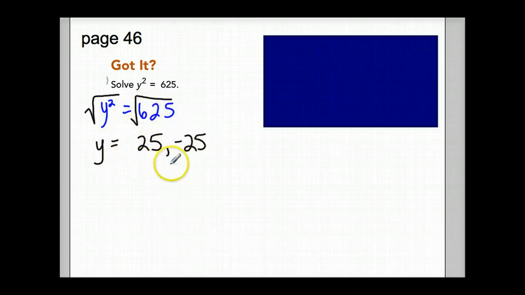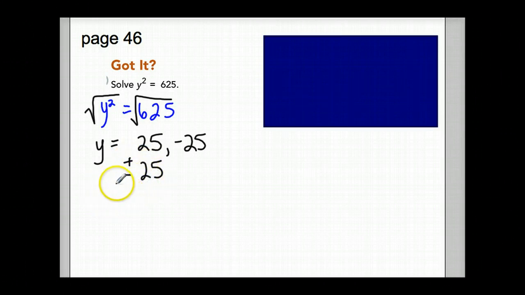You're going to see this written many different ways in your homework. So you'll see 25 comma negative 25. You'll see plus or minus 25, and that just means positive 25, negative 25.